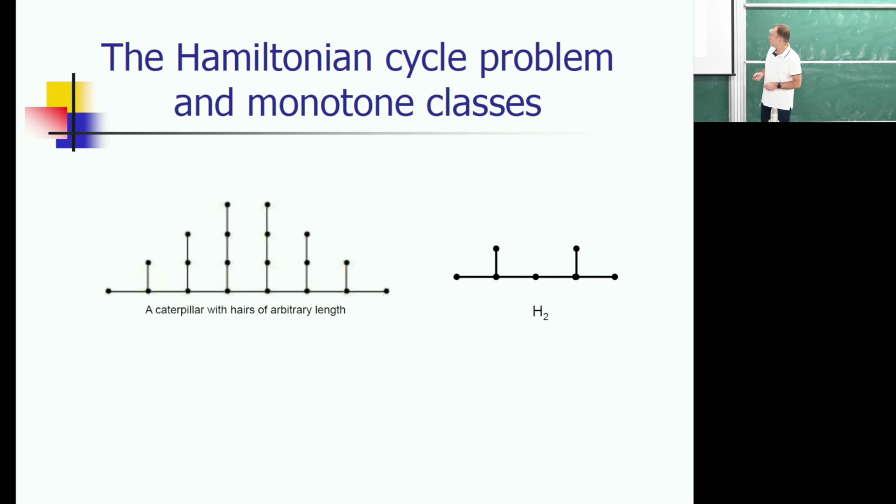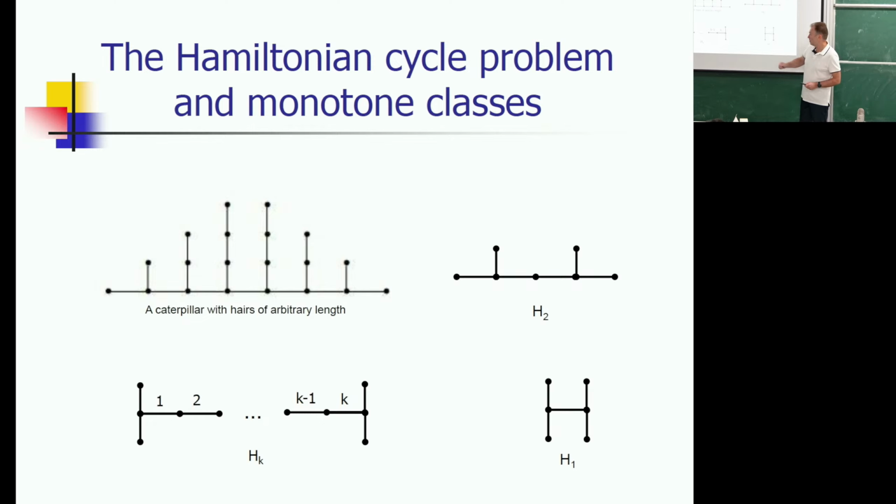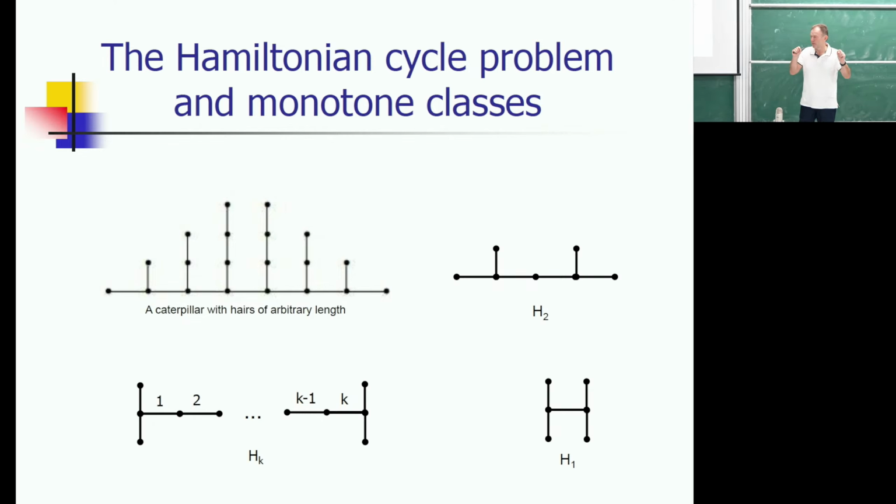But what if we forbid a graph with 2 hairs which are not consecutive, like here? Everything becomes much more complicated. I denote this graph shown here by H2. In general, by H_k, I denote a graph of this form. It's a tree with 2 vertices of degree 3 connected by a path of length k, H_k.